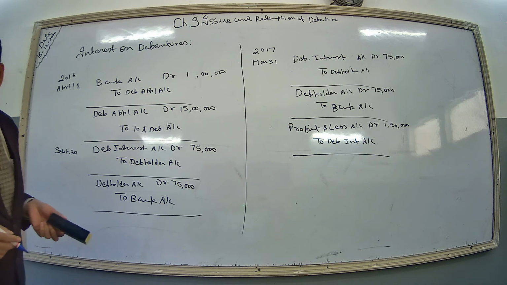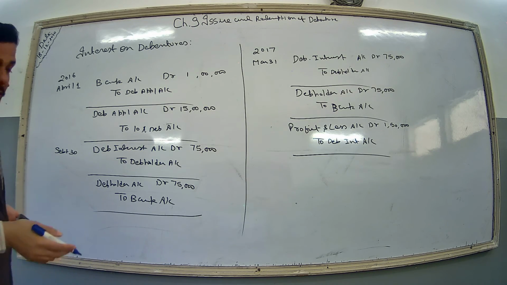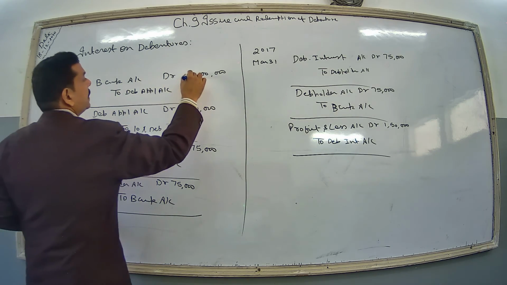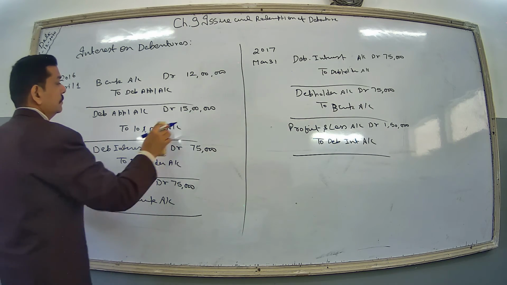Okay. So 1 lakh debentures are issued of 10 lakhs. So 10,000 debentures are issued at rupees 2 premium. So bank account debit to debenture application 12 lakh.